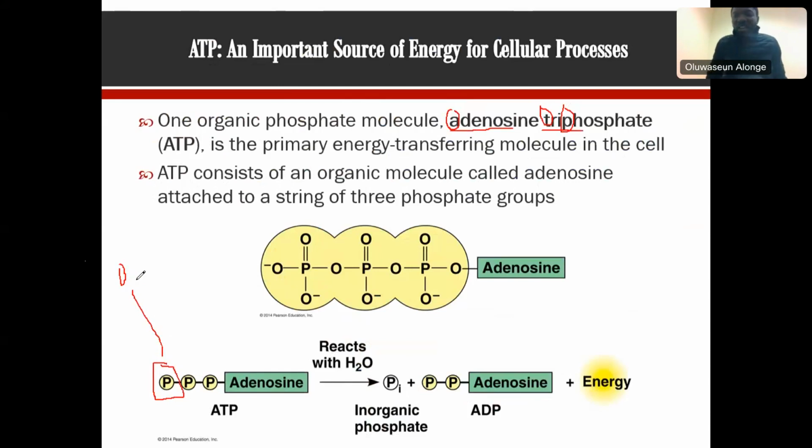So that's why when we talk about protein as a machine in your body, ATP gives the power for the machine to work. And you get ATP from carbohydrates. So once you remove the phosphate, how many phosphates are going to be left here? It's going to be 2. And that's what you see here. Now it becomes ADP, adenosine diphosphate.